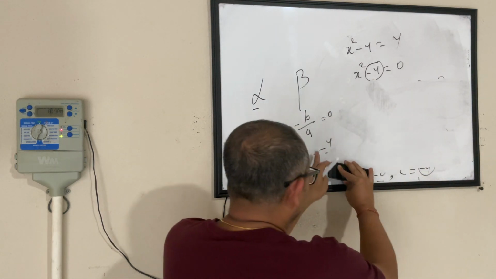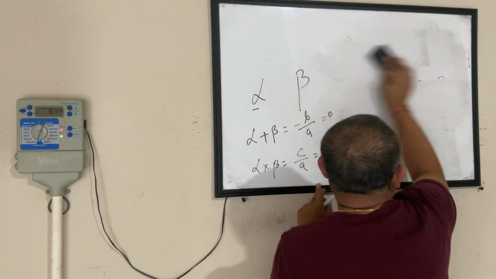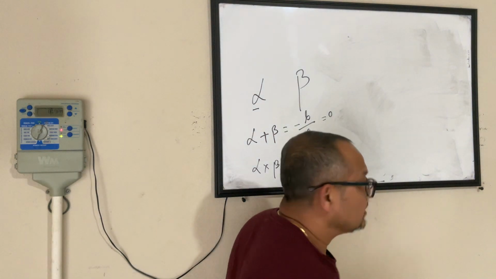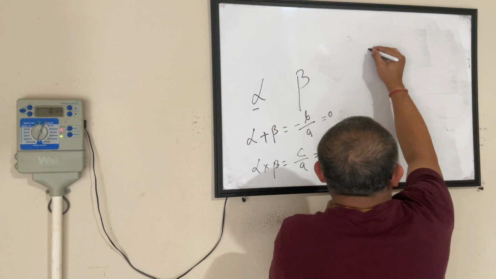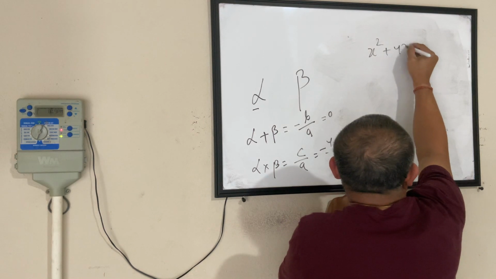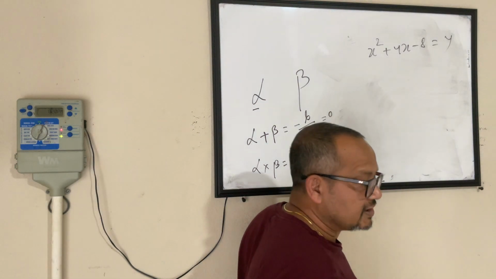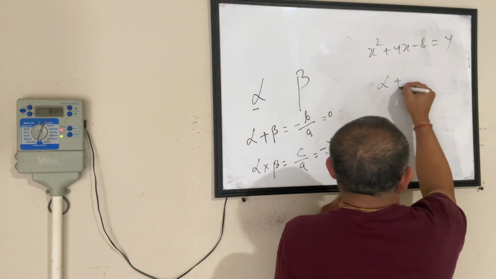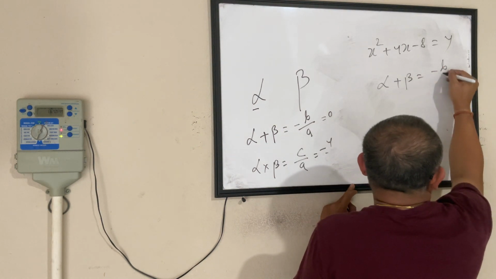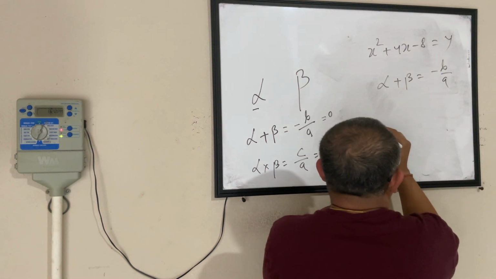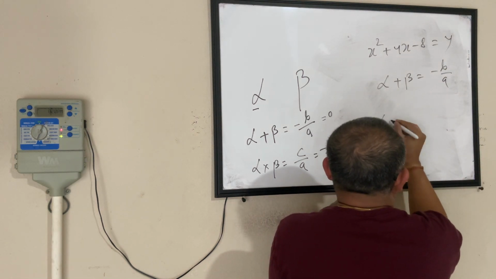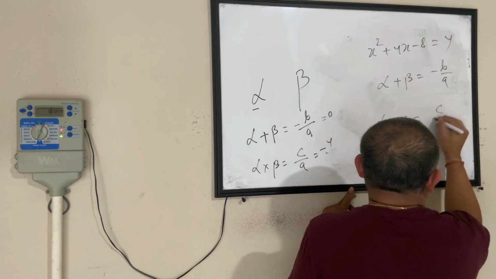If you happen to remember this, you can very well solve, let's say you have x squared plus 4x minus 8 equals y. If you have to find it out, you will say alpha plus beta equals minus b by a, and alpha into beta equals c by a.